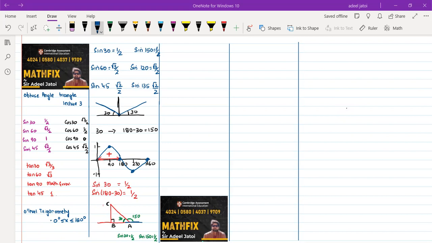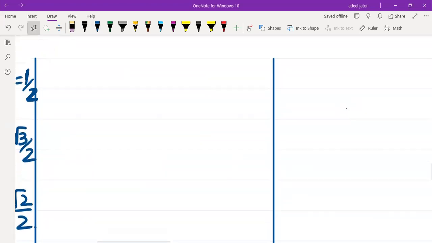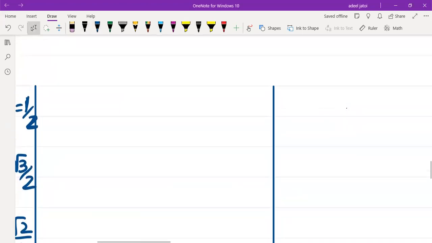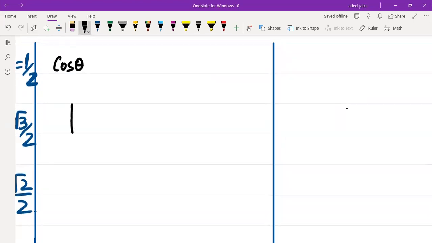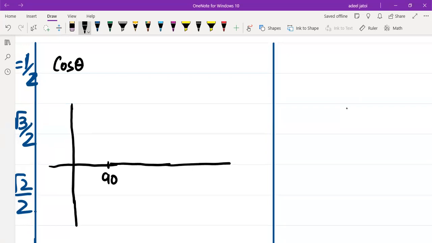But when we talk about cos, so generalizing the cos, let's say we have cos shape 90, 180, 270 and 360. Your normal cycle goes till 360.